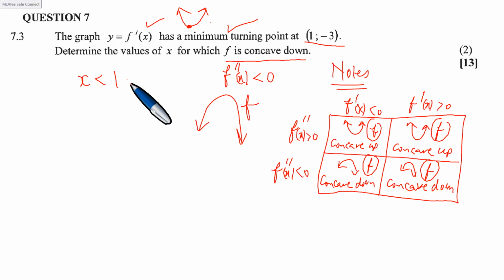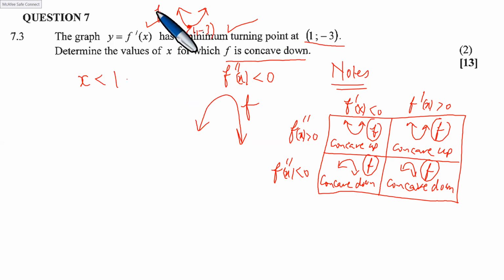So if f is concave down, x must be less than 1. In other words, you are considering the part before the minimum turning point.